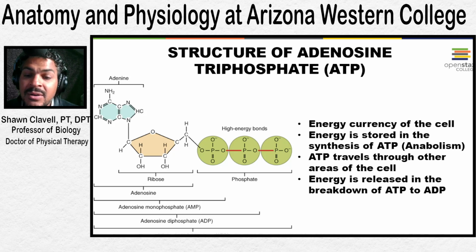And then the adding on of phosphates is referred to as phosphorylation. That's what happens in the mitochondria. In the mitochondria, ultimately, we rephosphorylate these, and that's why it's called the powerhouse of the cell. That's where adenosine mono and diphosphate are phosphorylated to get that phosphate group back.